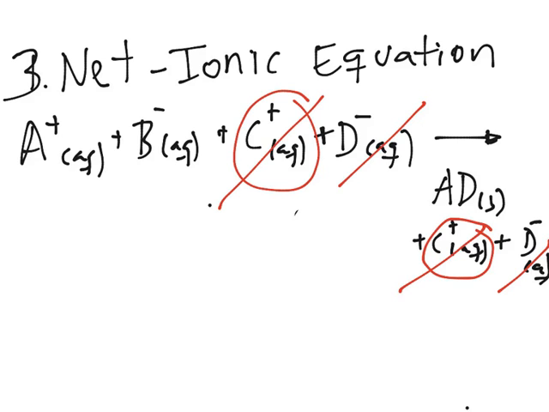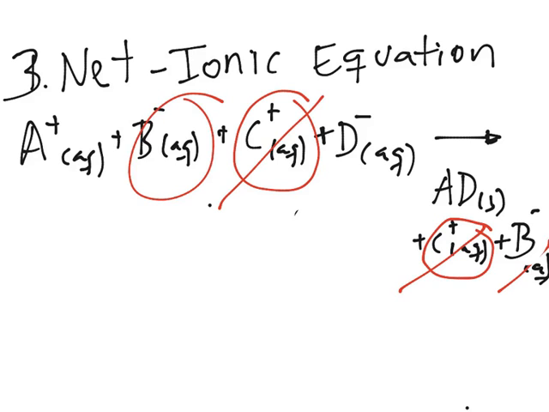I'm sorry, this here wasn't a D, it was a B. Let me fix this very quickly. This was aqueous, okay. So this B would cancel out with this B, and what remains is the solid on the product side, and the ions that form the solid on the reactant side.